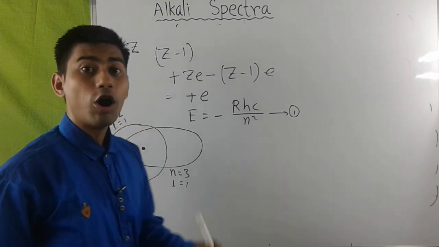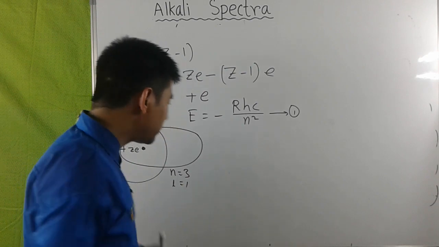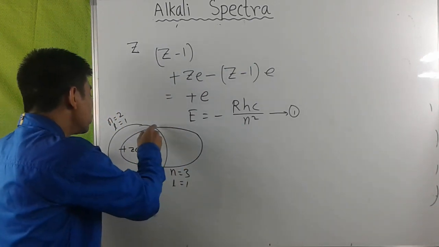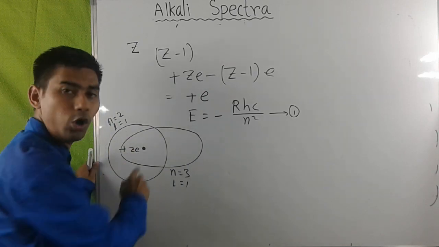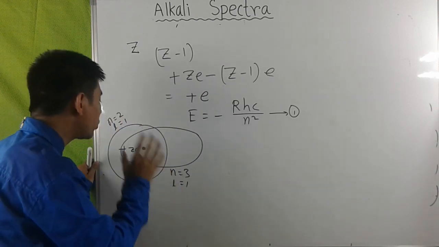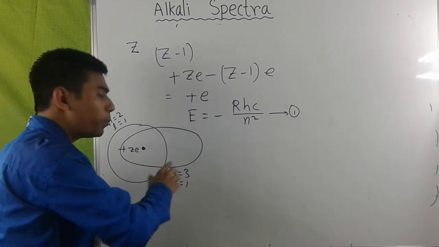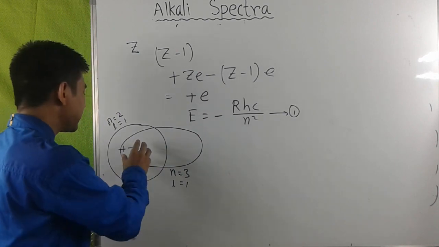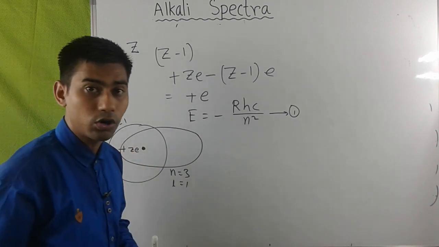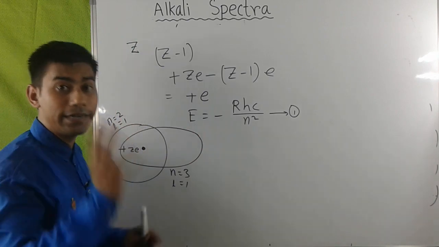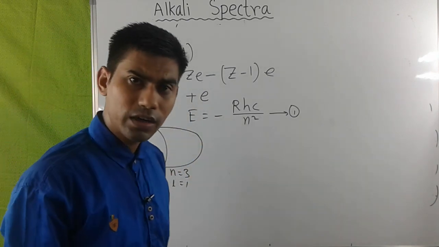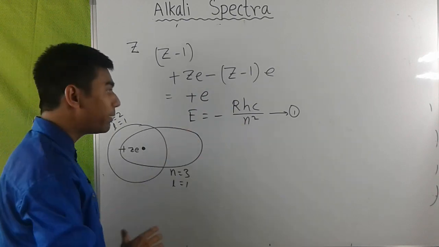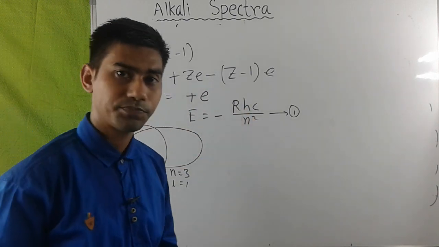Now when the optical electron in the orbit with n equals 3 and l equals 1 traverses through the penetrating part of this orbit, the screening effect of the electrons in the inner orbits is reduced, and so the nuclear charge effective to the optical electron on time average is increased from the value plus e. As a result, energy becomes more negative than the value given by equation 1.